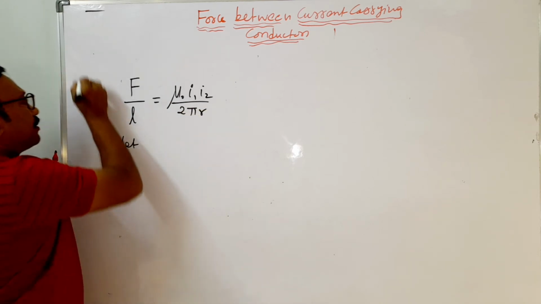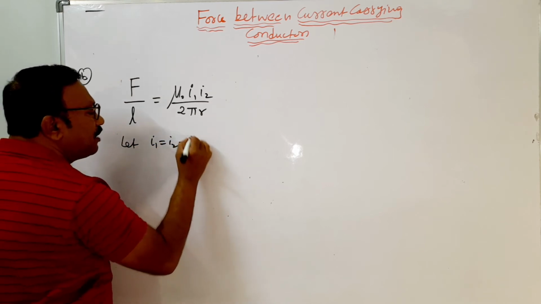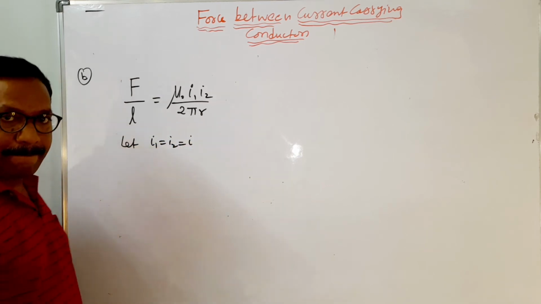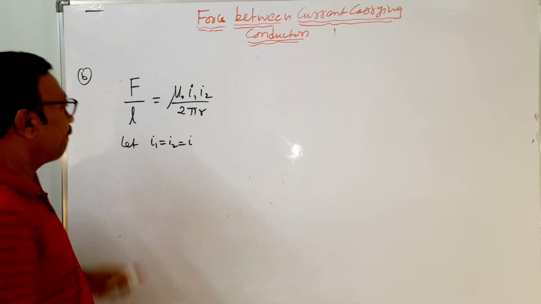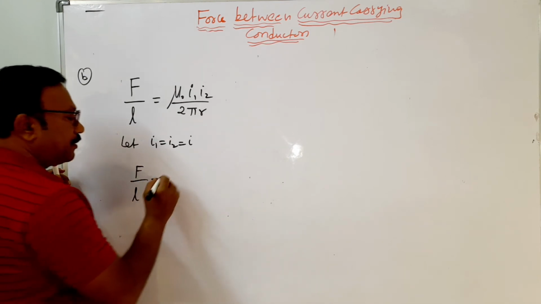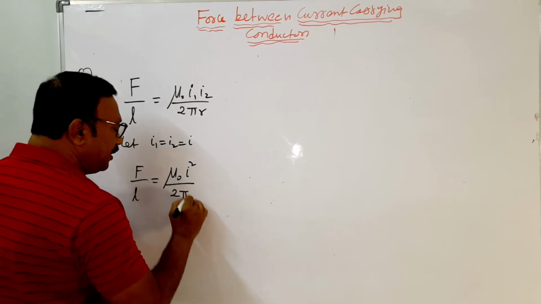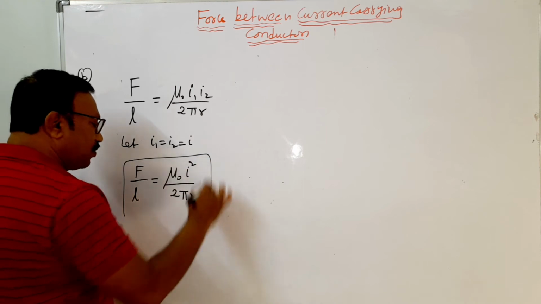Say let I1 and I2 are equal to I. Both currents are the same. Then force per unit length is nothing but mu naught I square divided by 2 pi r. This will be the force per unit length.